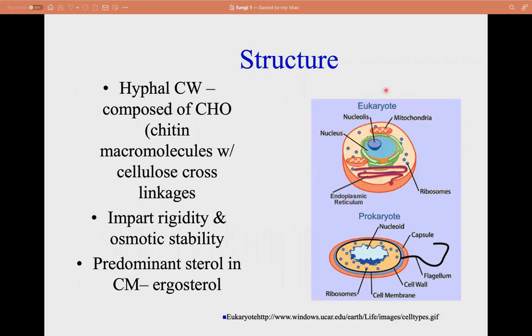Since they are eukaryotic cells, they have structures like the nucleus, the nuclear membrane, and other organelles. The hyphal cell wall is composed of carbohydrate, which is chitin, macromolecules with cellulose cross-linkages that impart rigidity and osmotic stability.